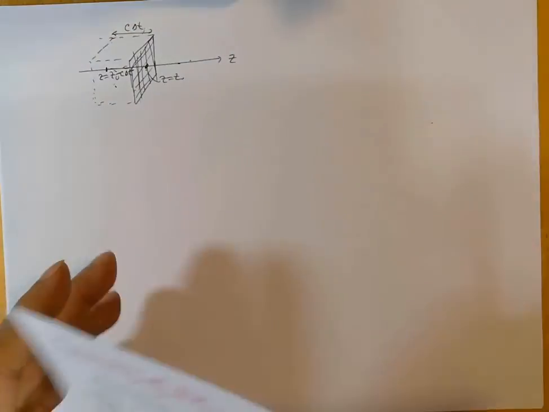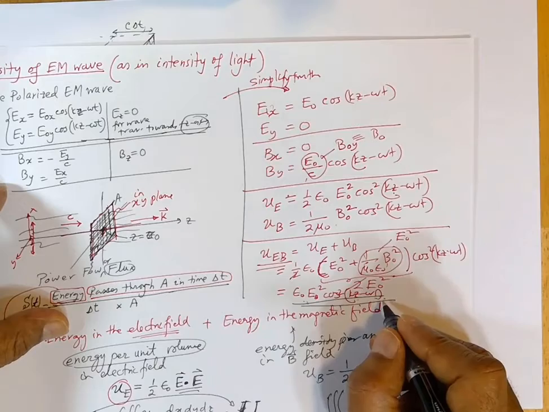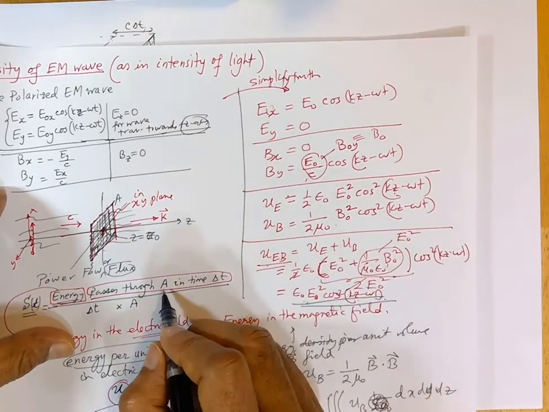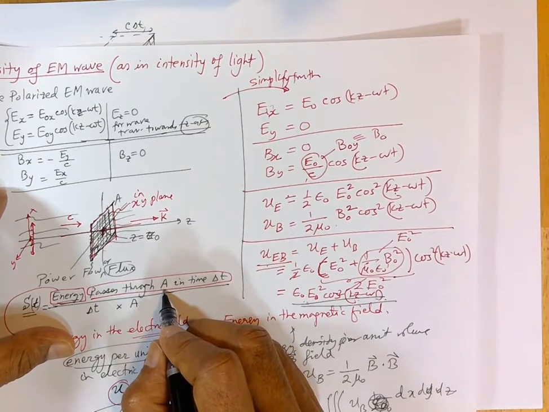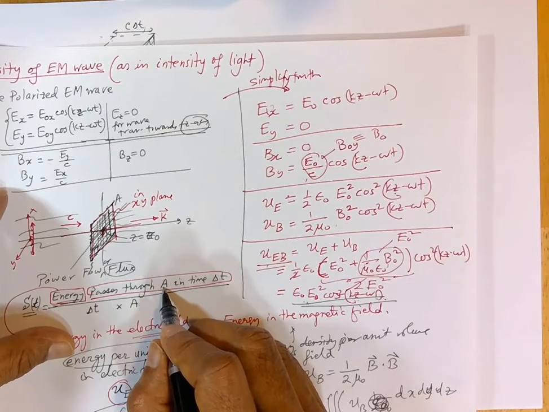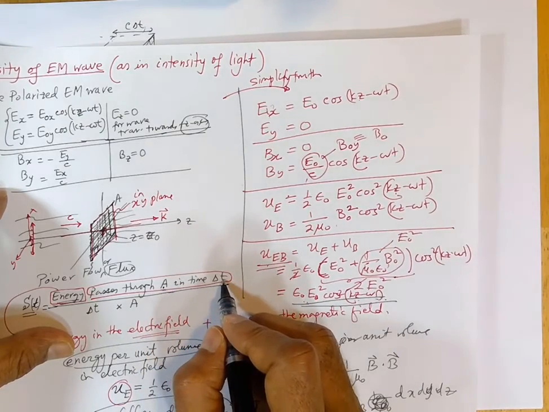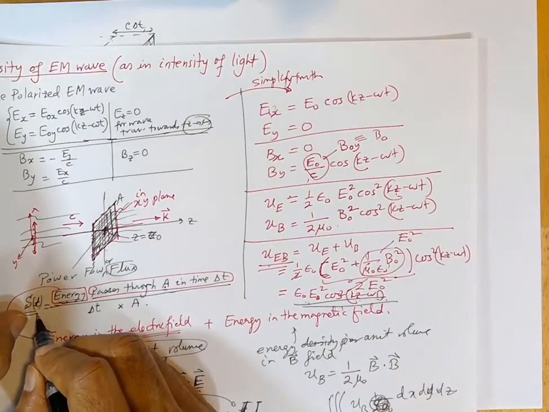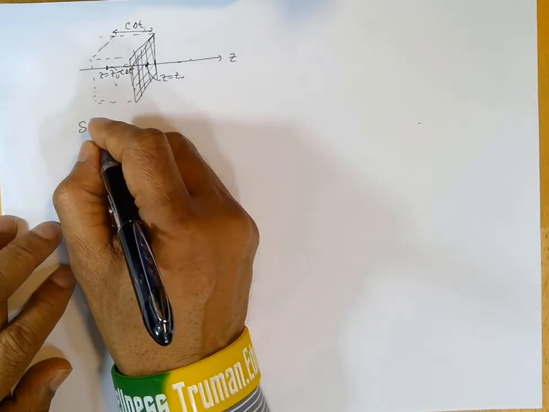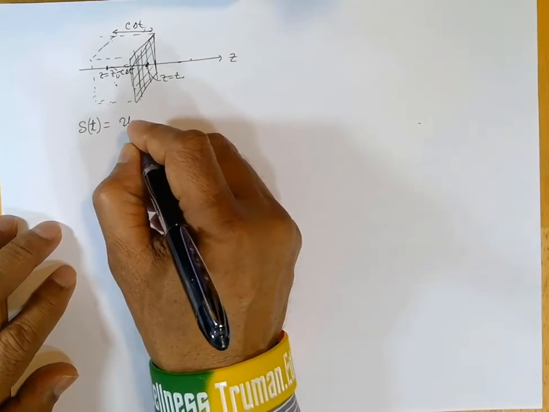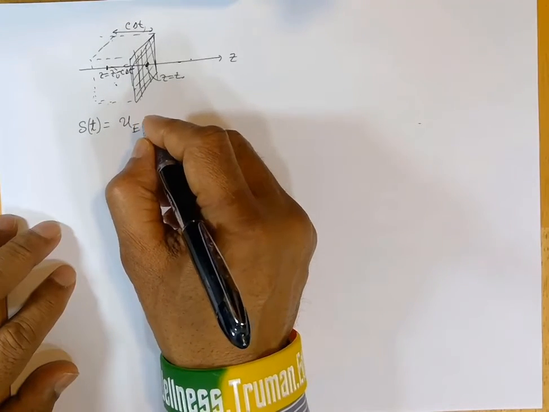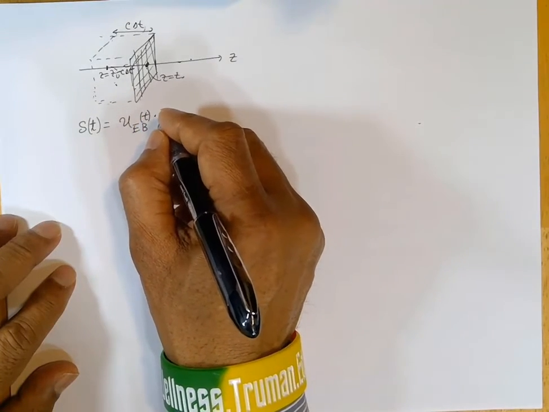So I have this times the volume, area times c delta t. So you have energy times c. That's what S of t will become: u of the total energy, which is a function of time, times c.